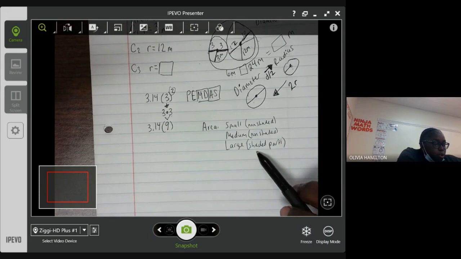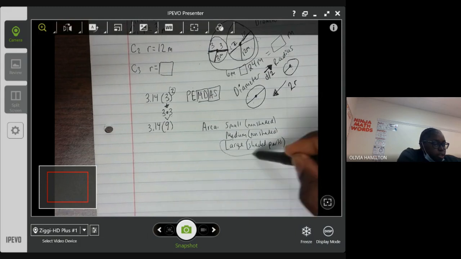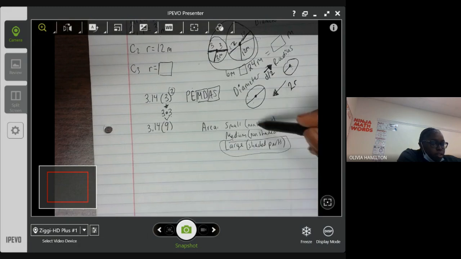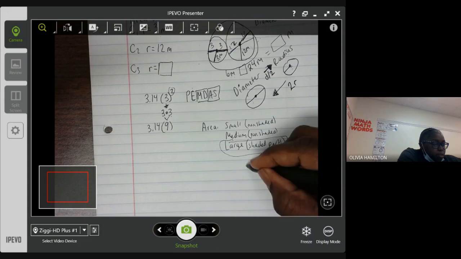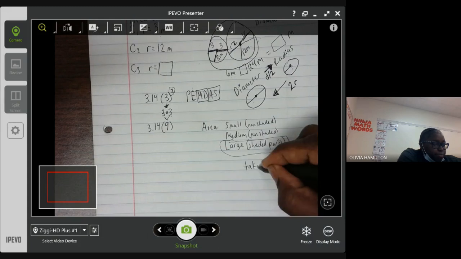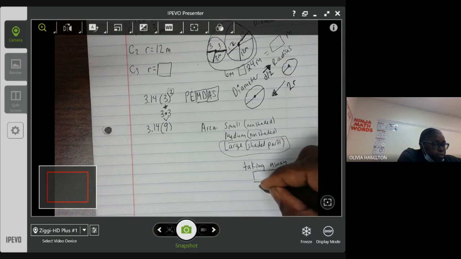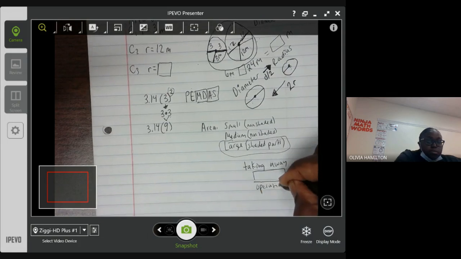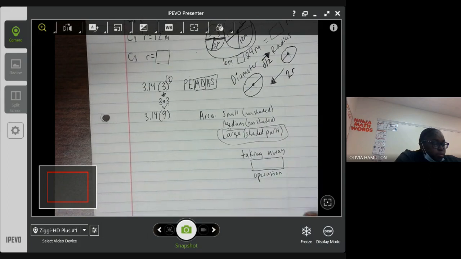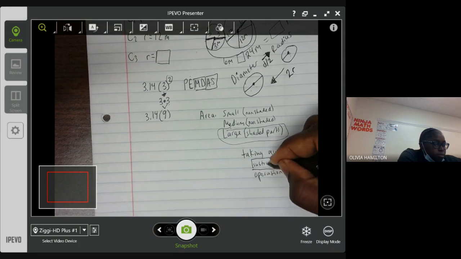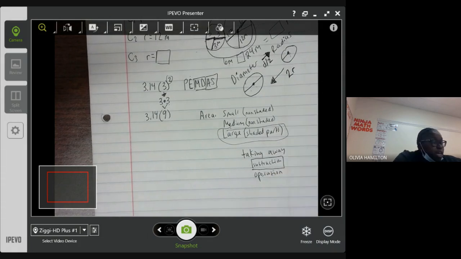So if all I want is the shaded parts, I'm going to have to take these away from this. If we're taking something away, what operation are we doing? Subtraction. And as long as you're subtracting the correct numbers, you will arrive at the area of the shaded region.